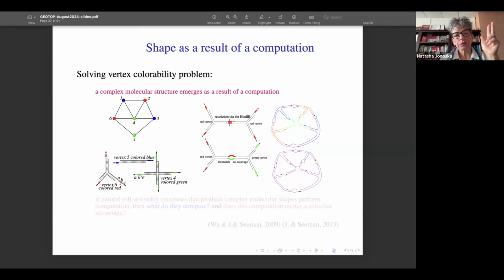And the third coding, which is B, the middle one, would encode the color. So this particular molecule here would represent a vertex 6 with color red.